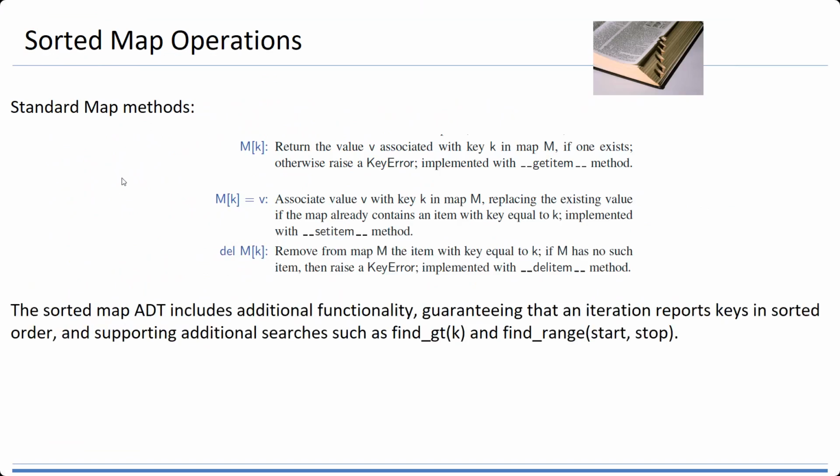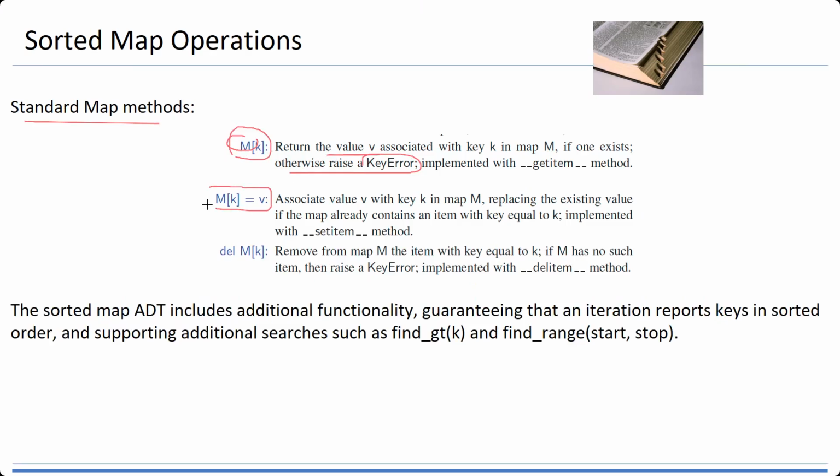In the map operations, I think you still remember, we have the standard map methods. For example, M[k]: I want to get the value v from the map M if the value exists. If it does not exist, then show an error.